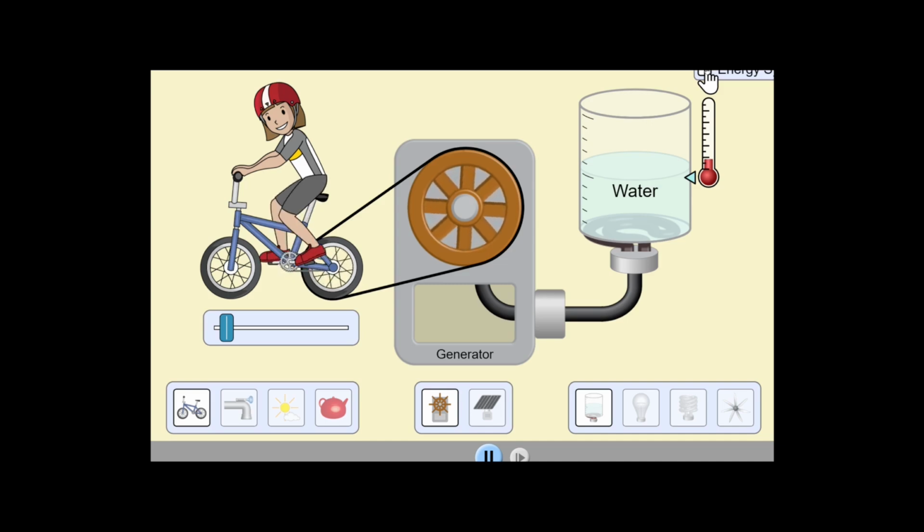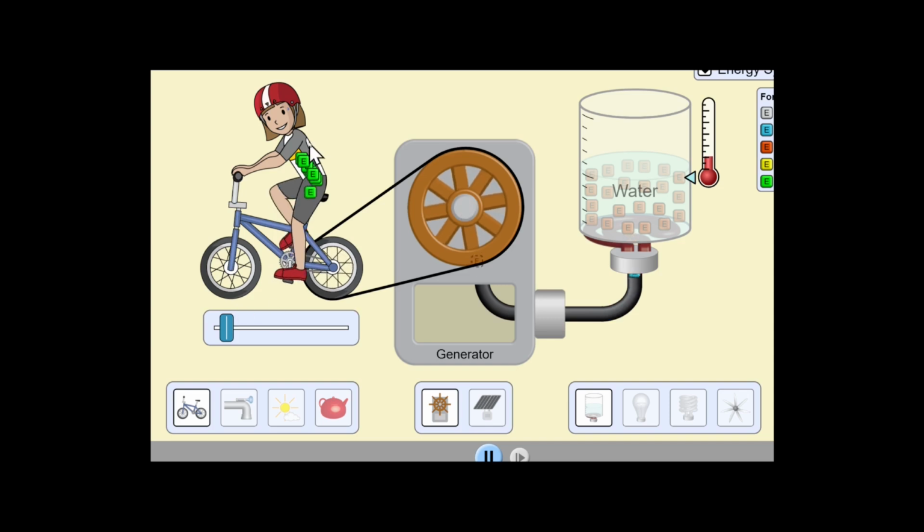I'm going to put the symbols in so you can see what's going on. I have a problem with this because it kind of violates the last rule that I just described, where everything works perfectly. So in here we have chemical energy in the girl. She is converting chemical energy. She would have eaten some food, and the food would have come from the sun, from plant matter.